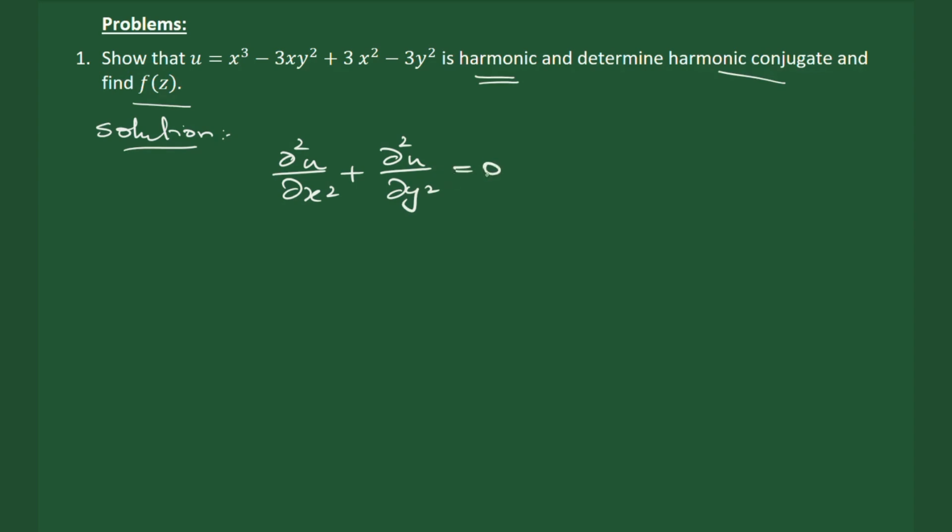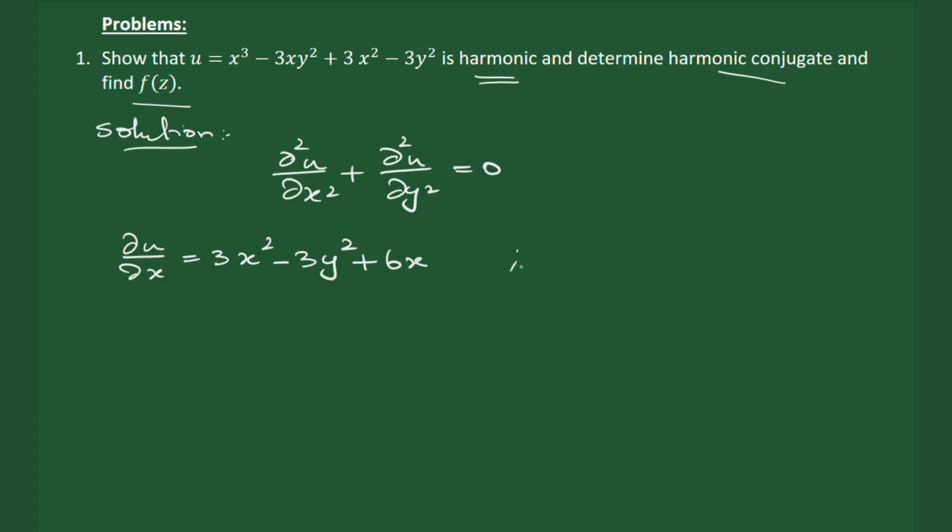This is what we have to prove to show that u is harmonic. Here u is given as x cube minus 3x square plus 3x square minus 3y square. Let us find ux, that is dou u by dou x. The partial derivative of u with respect to x gives 3x square minus 3y square plus 6x.